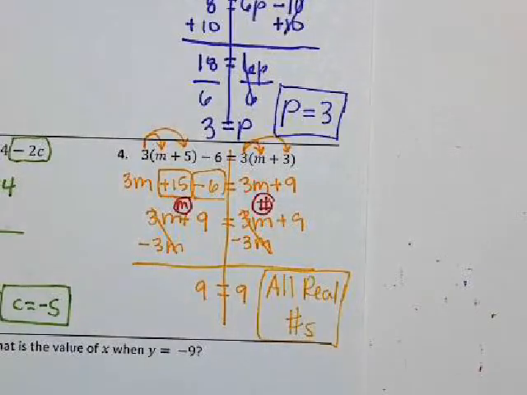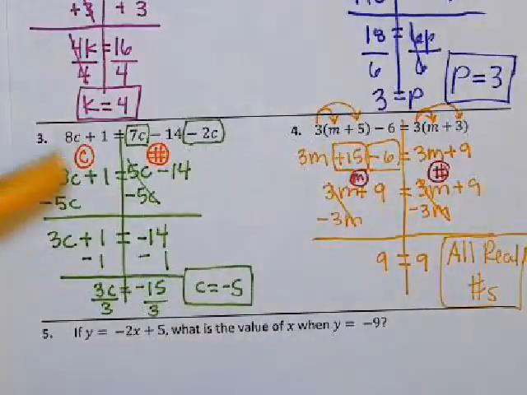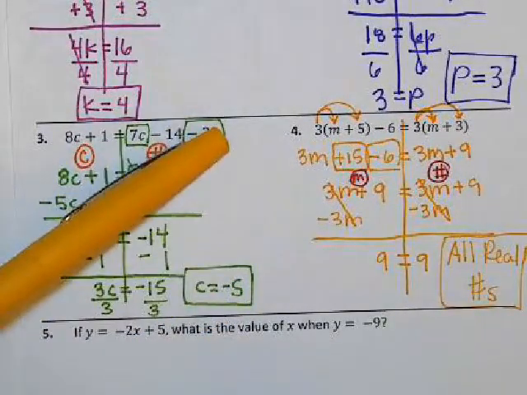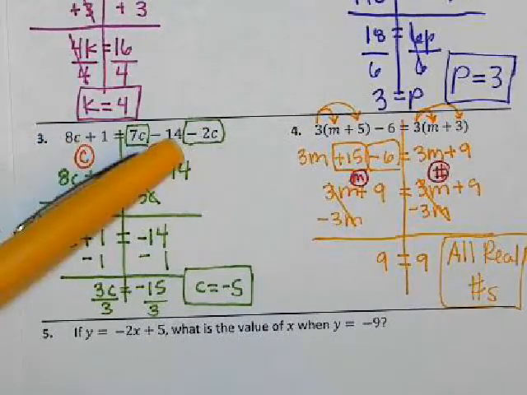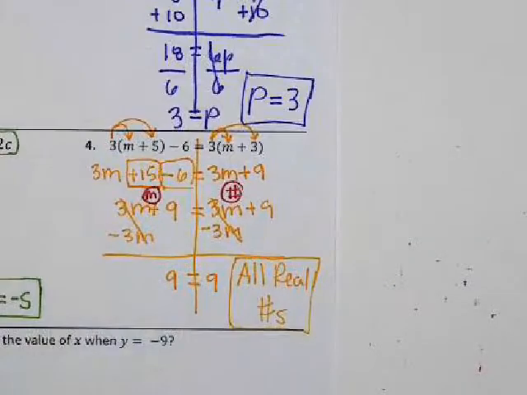Remember on Monday when we checked our work? How did you check your work? You plugged it in. So like on number 3, if I wanted to know if negative 5 was the correct answer, I would plug in negative 5 for each c and make sure that this side equals this side. So what all real numbers means is that I could choose any number.